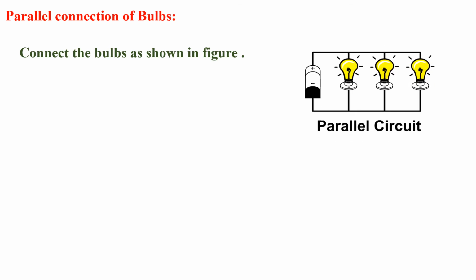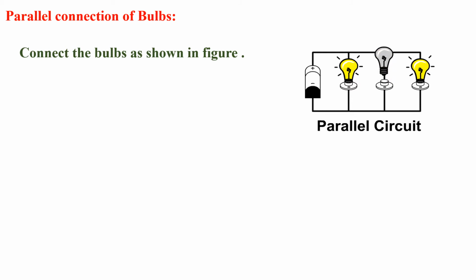Now here you have to observe one thing. In the series connection, the second terminal of the first bulb is connected to the first terminal of the second bulb, and the second terminal of the second bulb is connected to the first terminal of the third bulb.